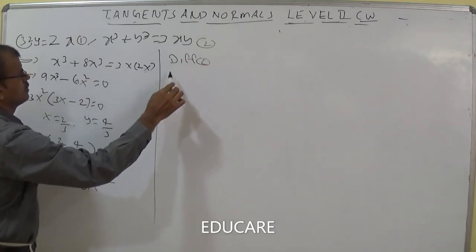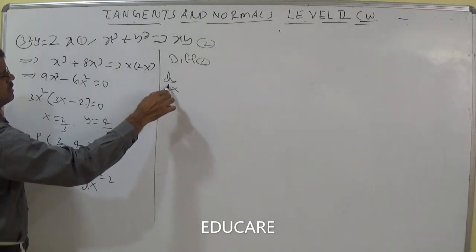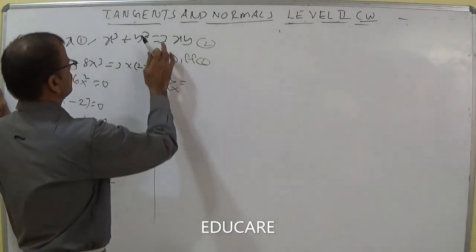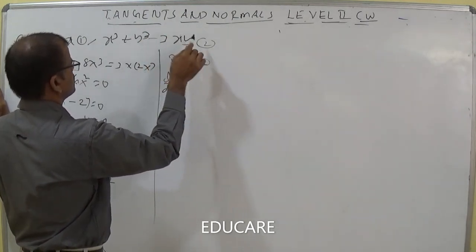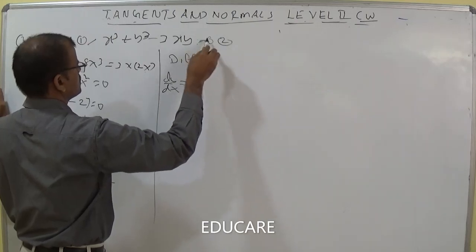Differentiating 2, using the formula for an implicit function directly, we can write dy by dx is equal to minus dou f by dou x by dou f by dou y. Here f is x cube plus y cube minus 3xy equal to 0.